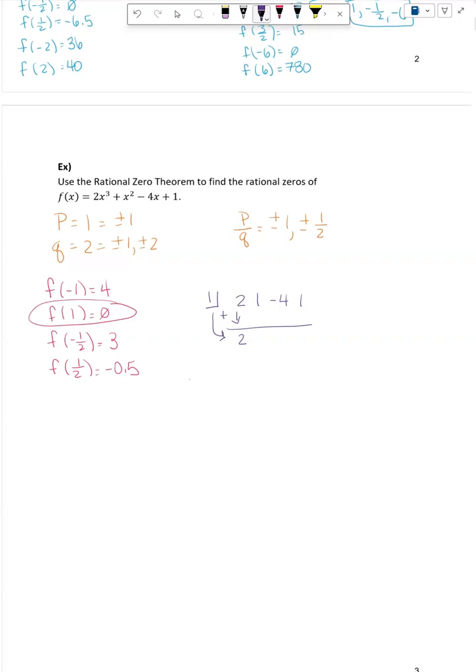So 1 times 2 gives us 2. 2 plus 1 is 3. This one's multiplied down here. So 1 times 3 gives us a 3. -4 plus 3 gives us a -1. 1 times a -1 is a -1. This is our remainder, which is 0.